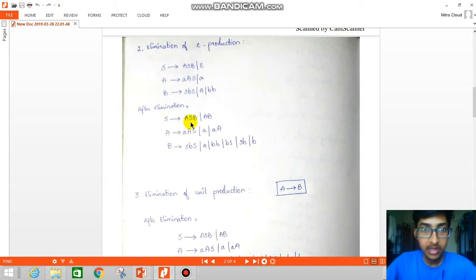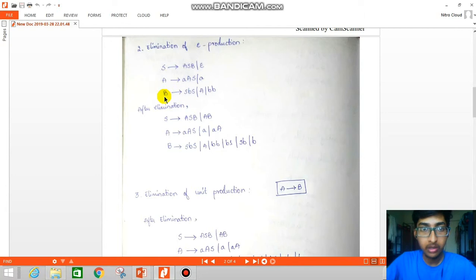S defines ASB, which is this, and in place of S you substitute epsilon B, which is nothing but AB. Now A defines AAS. First write as it is. A defines AAS and A, and then substitute in place of S epsilon, which is AA, which is this.